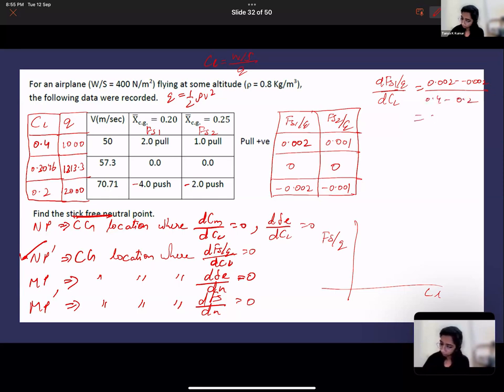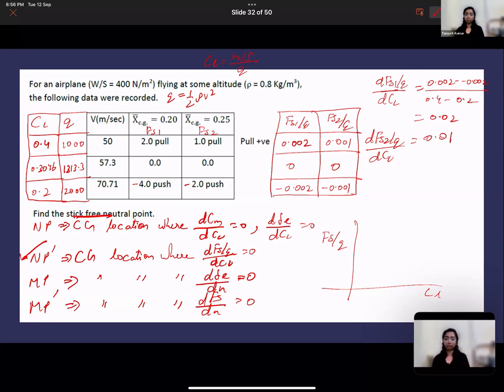This gives you 0.02. Similarly, dFs2 by Q by dCl. How much is it? 0.01, right? 0.01. Correct? Yes. So now how do you find out? You have the 2 slopes.